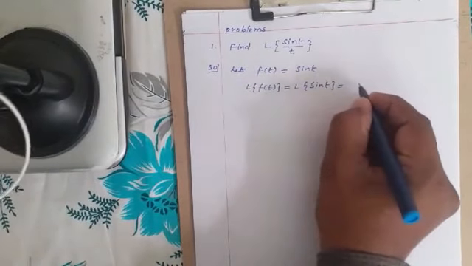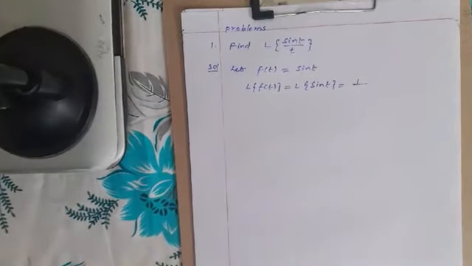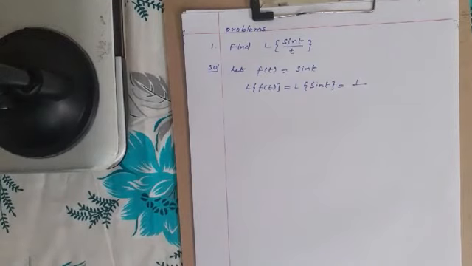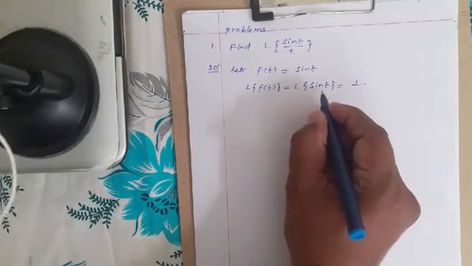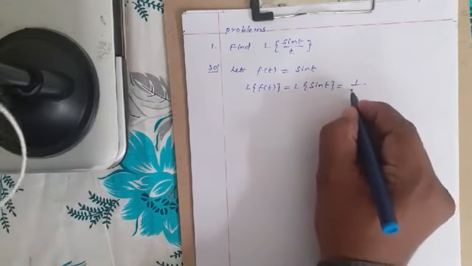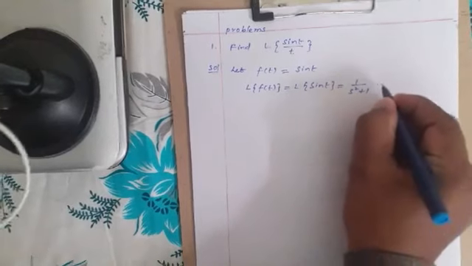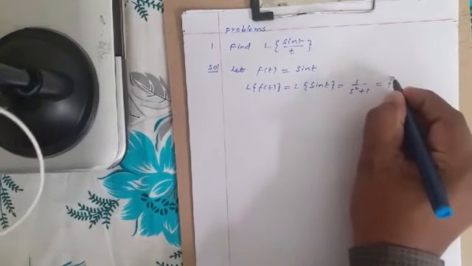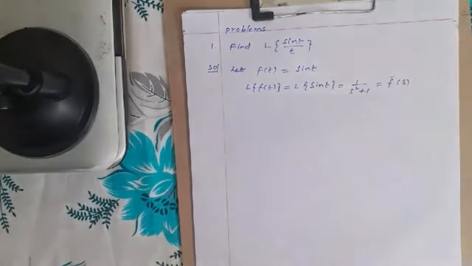As you know, Laplace of sin at is nothing but a by s square plus a square. Here a is 1, so Laplace of sin t is 1 upon s square plus 1. This is nothing but f bar s, as we have done many problems based on that in the previous sessions.